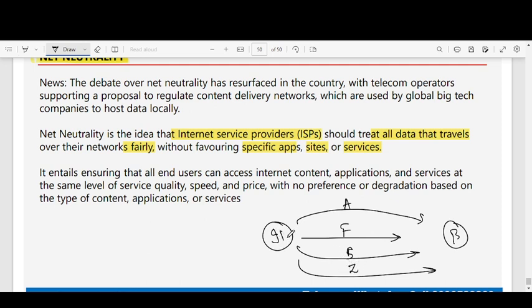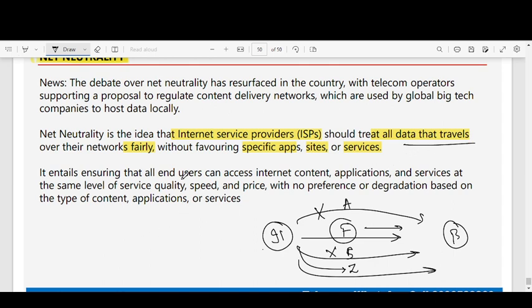So this ISP should not do like it is creating a lot of traffic, so he is not able to connect with Amazon because he is not liking Amazon. He is giving full support to Flipkart and he is giving full support to Zomato, not to Swiggy. This should not be done. There should be a net neutrality. All the data should be treated equally.